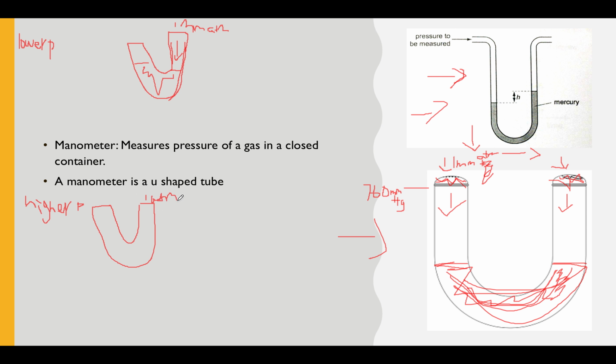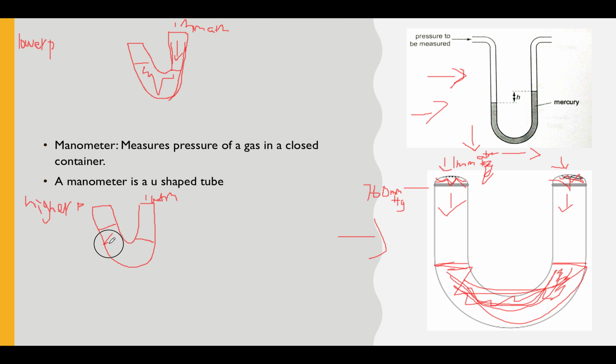For the higher pressure, we will see that the side with the higher pressure will be lower than the level of mercury on the atmospheric pressure side. So for this one, it's going to be higher on the atmospheric pressure side.